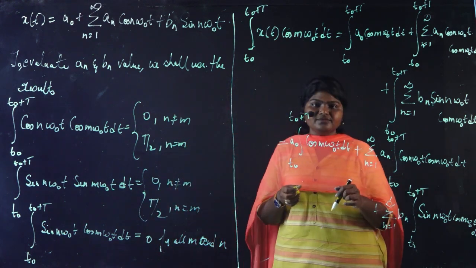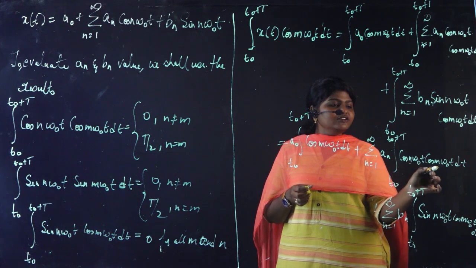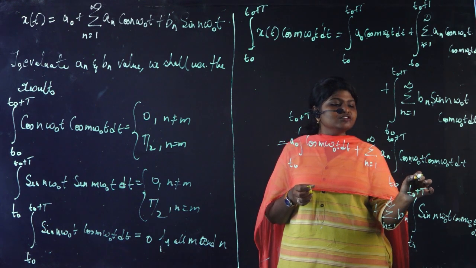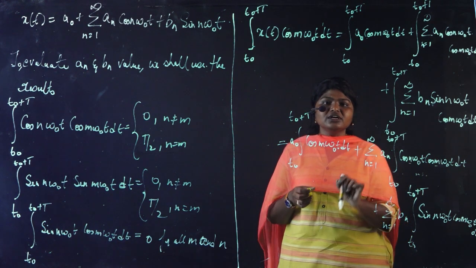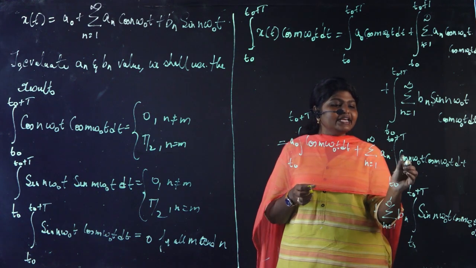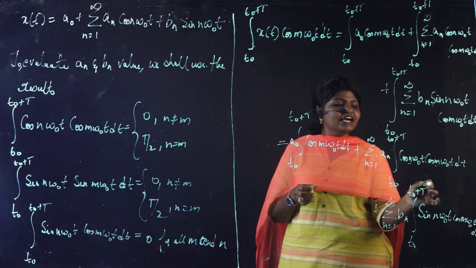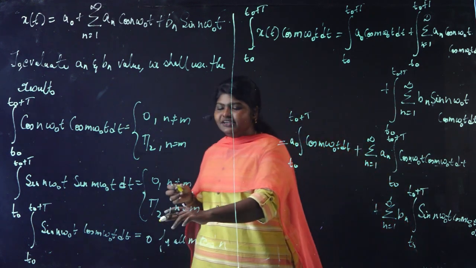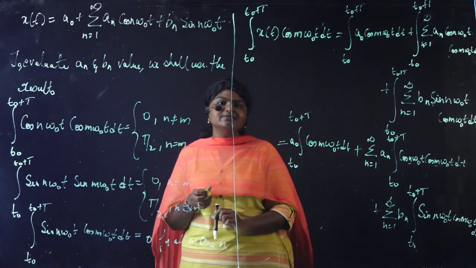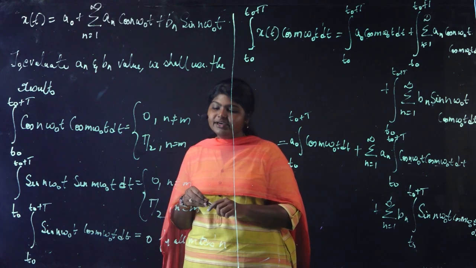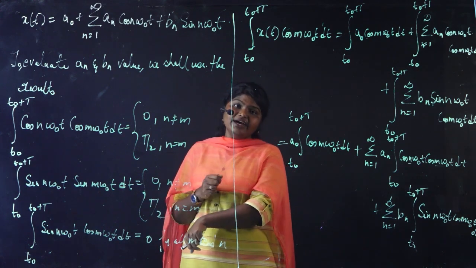Coming to here, for different values of n and m, if n is not equal to m, this whole term will be 0. But there is a point where n equals m. In that condition, we have a value T by 2. So we are going to simply substitute that value when n equals m.